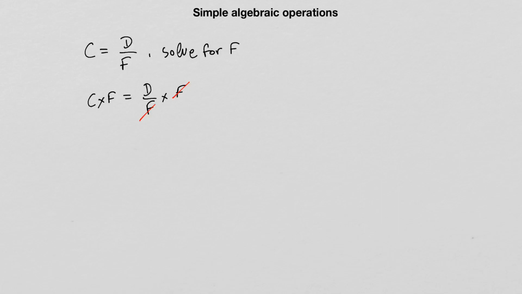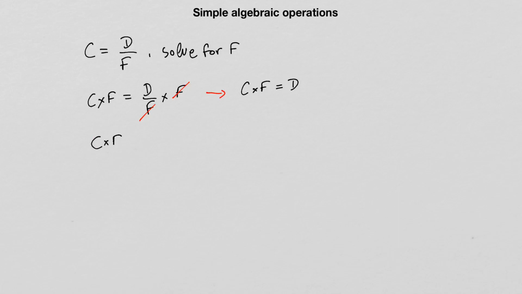And so now I have C times F is equal to D. So now we see that C multiplies F. So in order to isolate F alone on the left-hand side here, I must divide both sides by C. So let's do that on the next row.